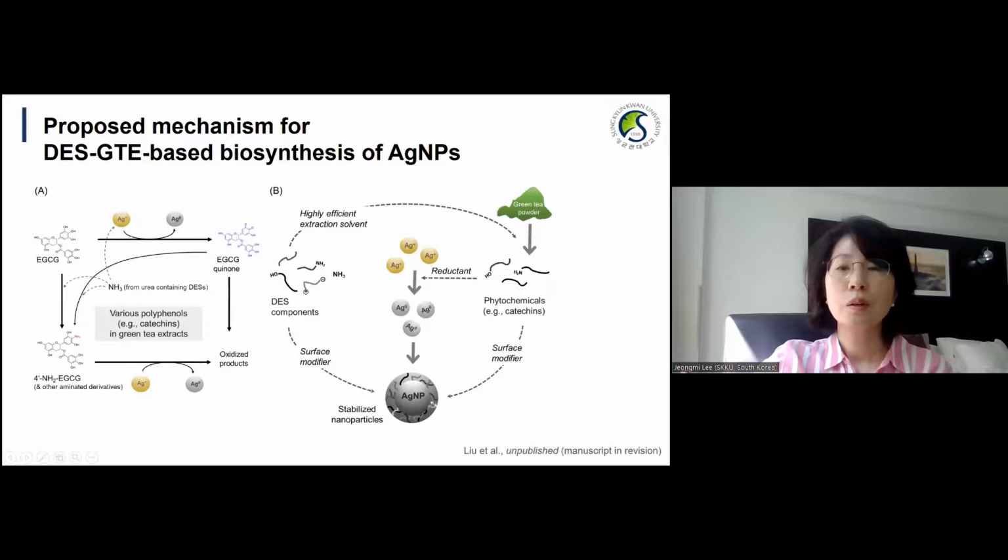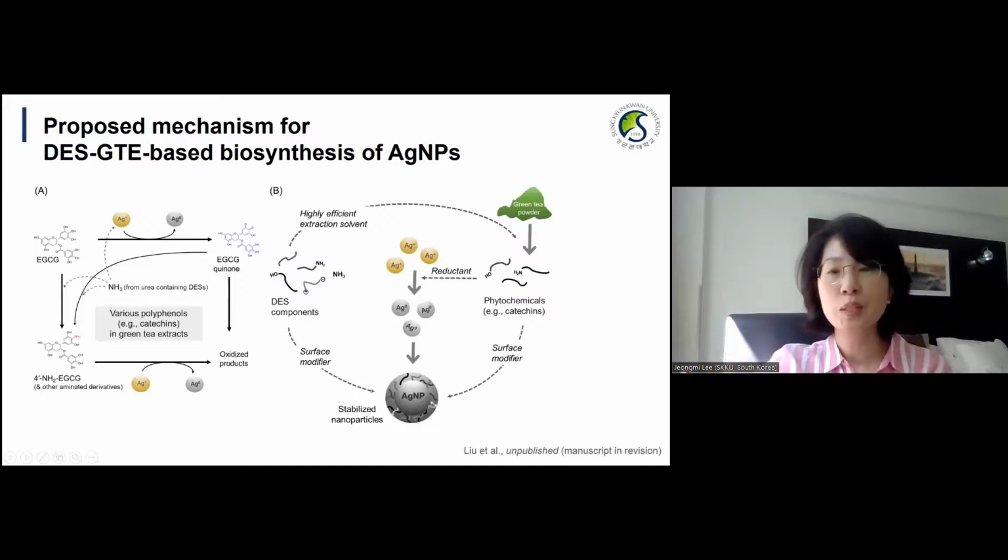And taking together all those characterization results and the chemical analysis results, we could propose a mechanism for the DES-GTE-based biosynthesis of silver nanoparticles, which is summarized in this figure.